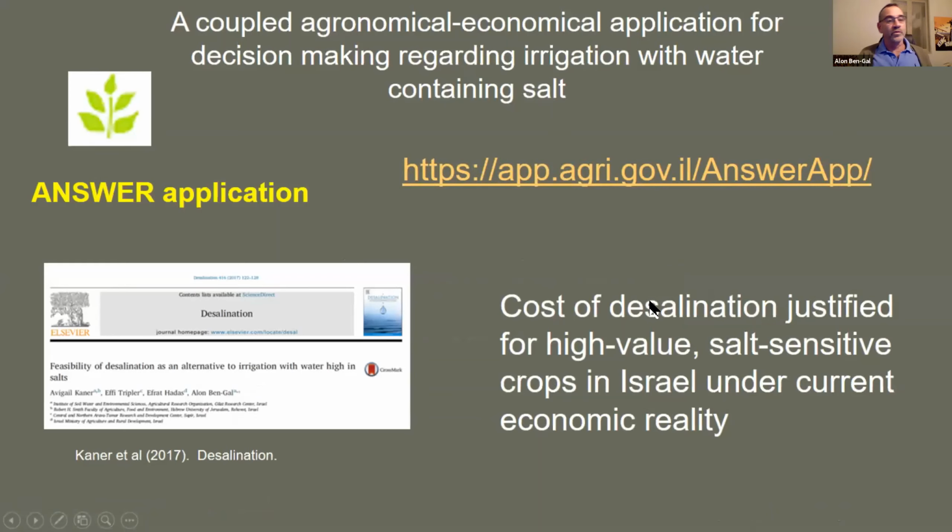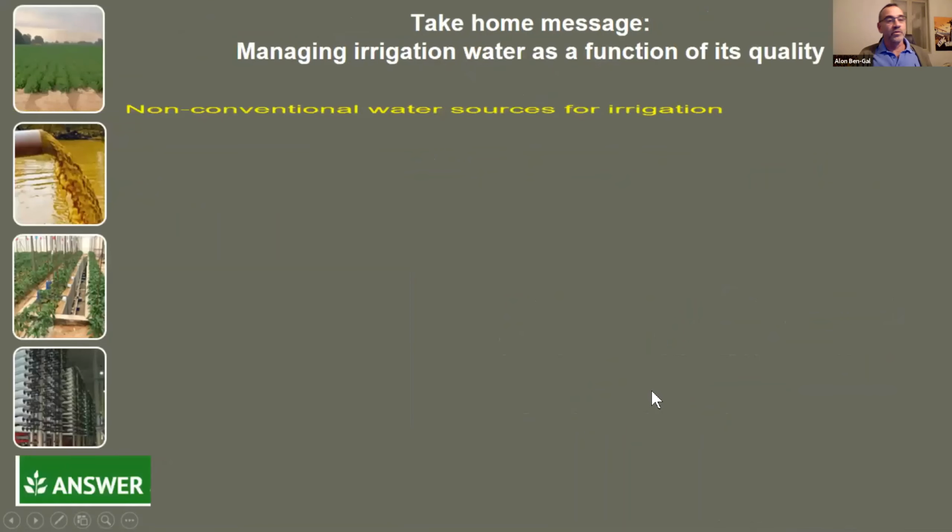It can also help us do consideration of things like feasibility study of desalination instead of use of brackish water, and to see that we can justify current costs of desalination, at least for high value salt sensitive crops in Israel under current economic realities.